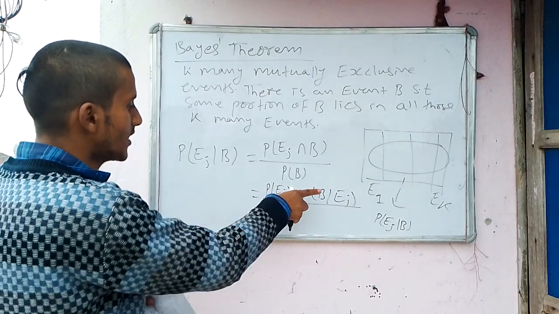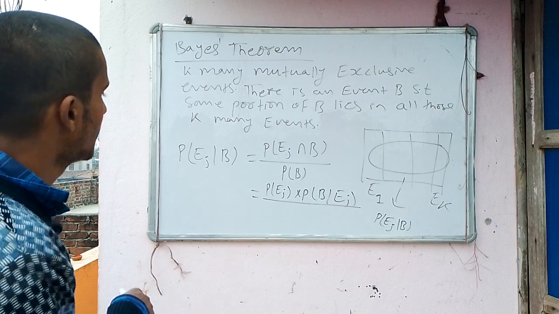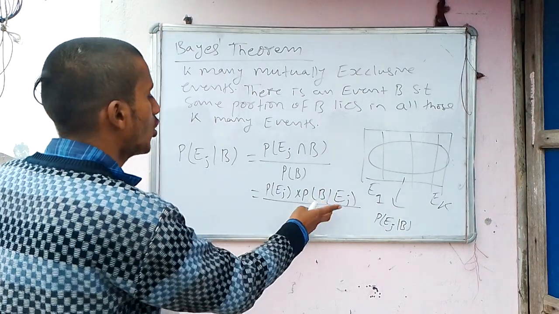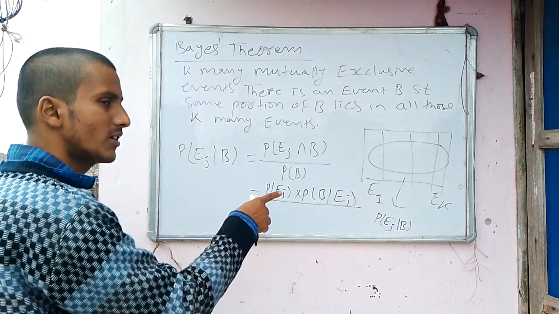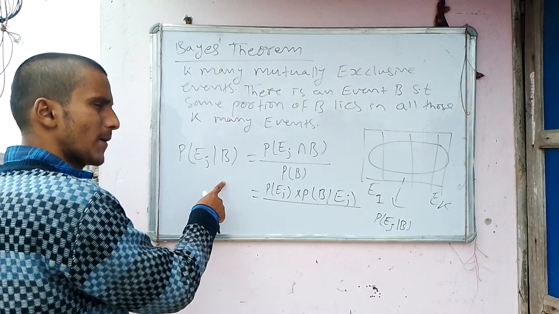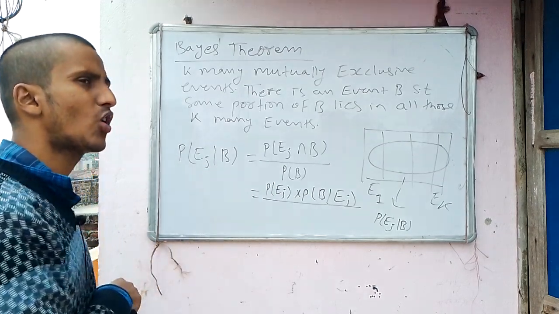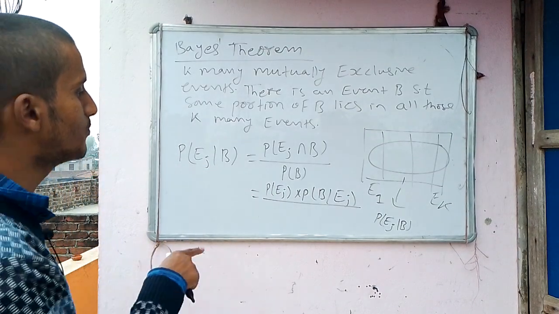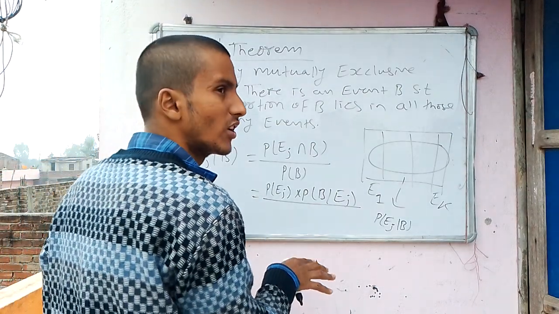Let's say that probability of B given EJ is known. Probability of EJ given B is not known, but the probability of B given EJ is known.